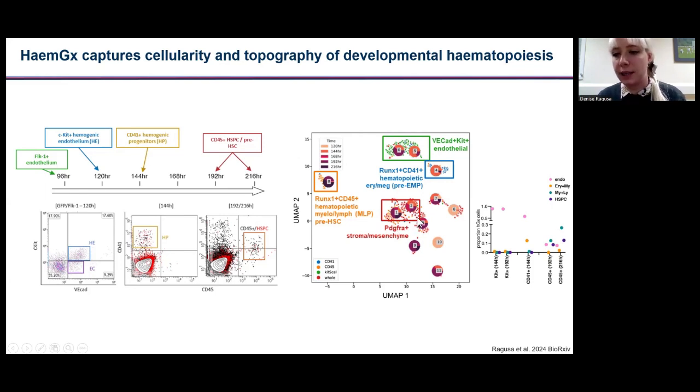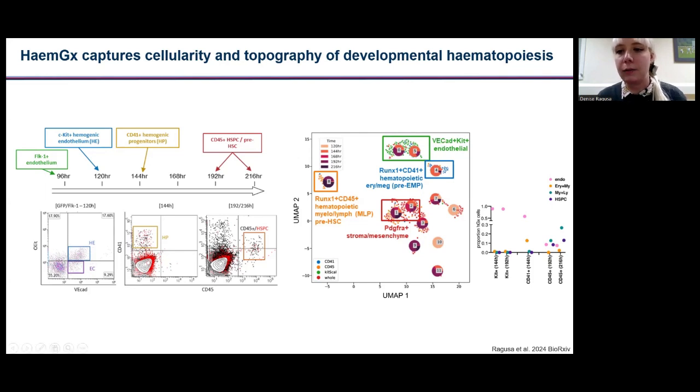As I said before, they are extremely important in the microenvironment structure of where these cells need to arise. We see stromal and mesenchymal cell types and endothelial supporting types, which again reassures us that the hemogenic gastruloid protocol does capture that cellularity.